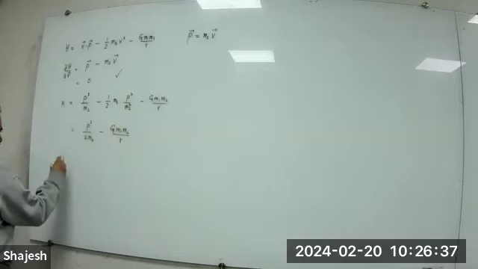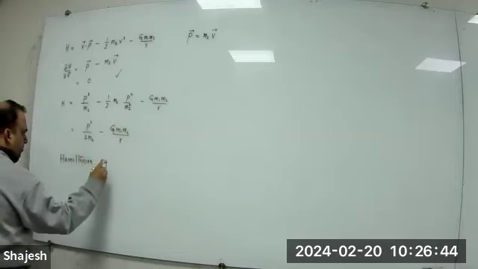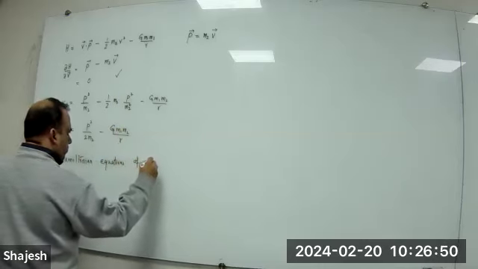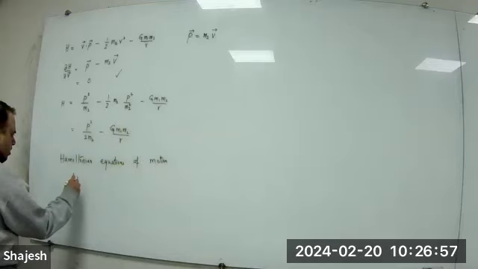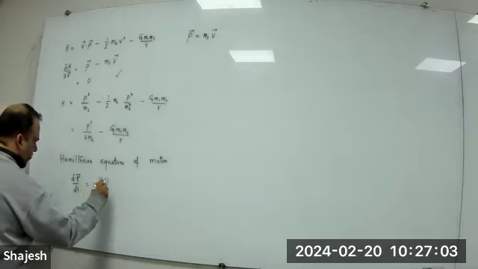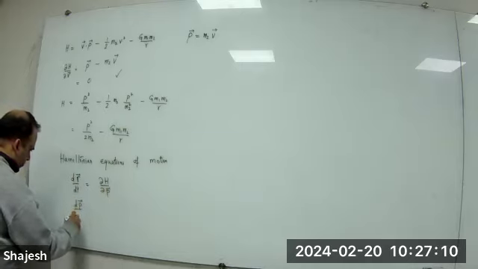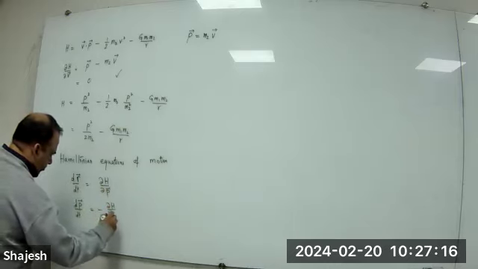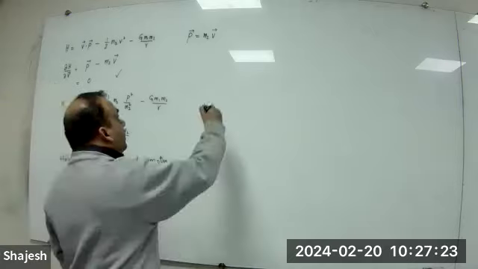So, the Hamiltonian equations of motion: dR by dt is equal to the partial derivative of the Hamiltonian with respect to momentum, and the total derivative of the momentum is the negative partial derivative with respect to R. So let's see what it is.